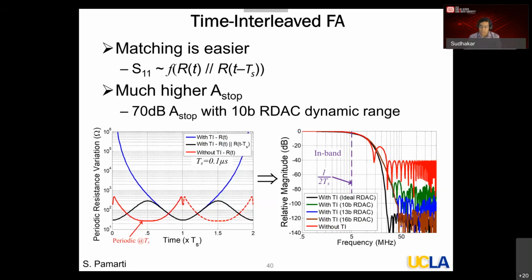Invariably, in all the implementations we have done so far, we found that the parasitics are the ones that limit you. And they seem to be limiting us to somewhere around 70 dB stop band attenuation. Now, is that a fundamental problem going forward? Maybe, maybe not.